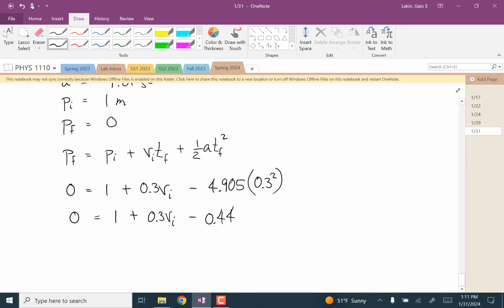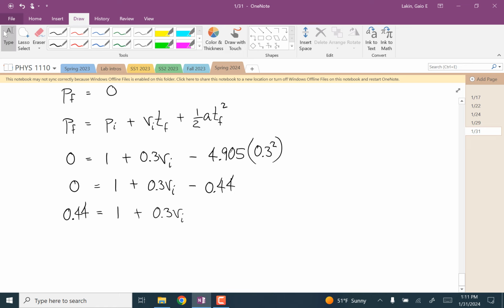Now I can do it one by one. So add 0.44 to both sides. Now subtract 1 from both sides, and you get negative 0.56 is equal to 0.3 VI.